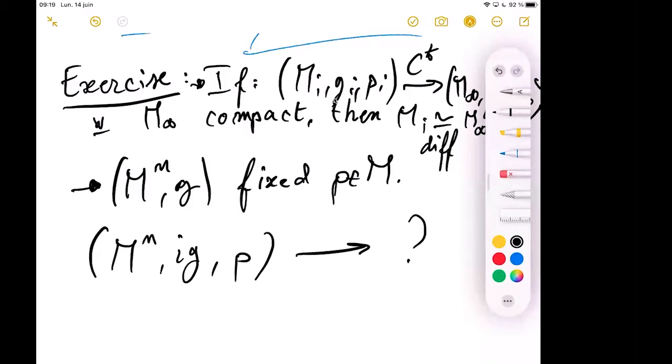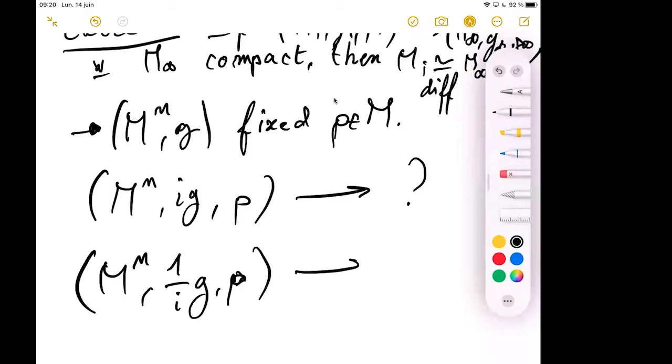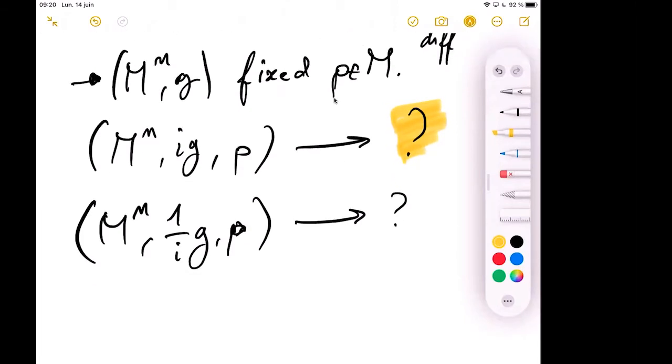So what does it converge to? And then we can do the opposite. We can shrink the metric. So here there is always a limit, and it's universal. It's not too complicated.